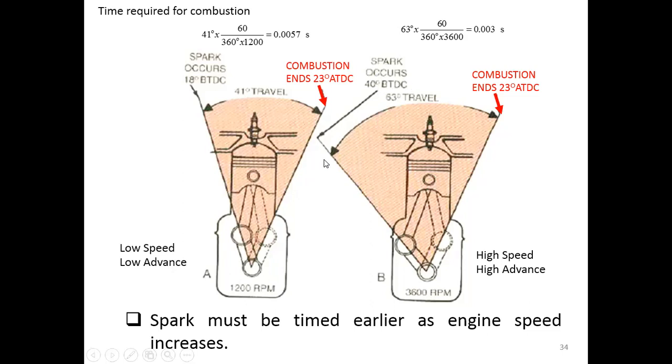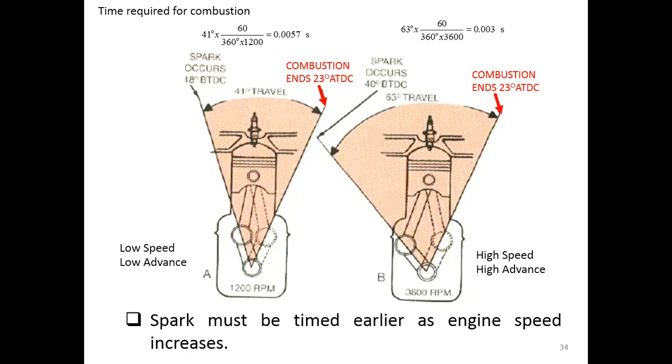We have to do it earlier because the time for combustion is shorter at a high speed. So at higher and higher speed, we have to do the ignition earlier and earlier, because the time is getting shorter and shorter for the combustion to finish.